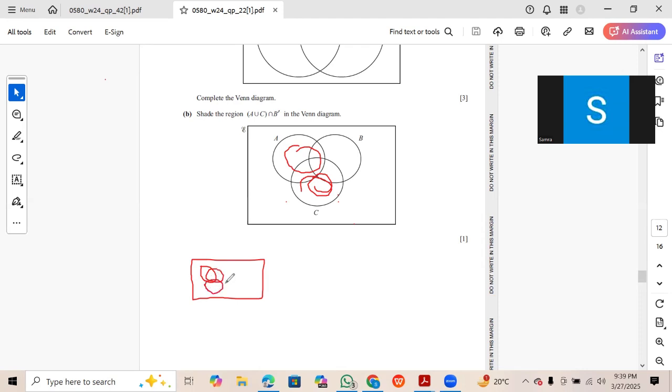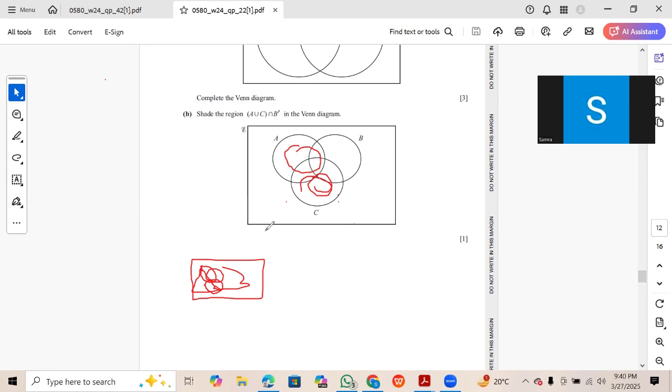B determinant means everything other than B. Yes, everything other than B. So we can shade every portion, all portions except this B. Except this portion, we can shade all the portion. Okay, this is B determinant.